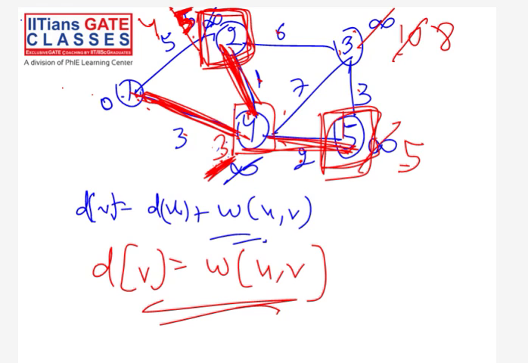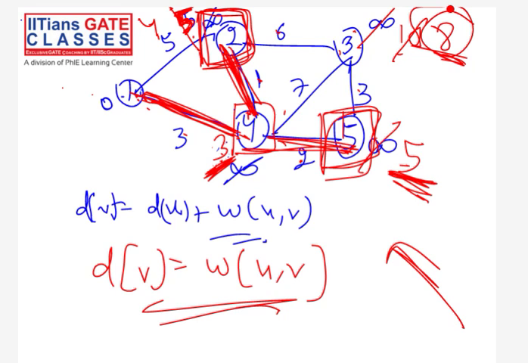So if I can reach 5, I should know the path also, correct? So that path tracking was not available when I solved the problem over here. If I just change the update equation, path information is not available, right? So basically this was 8. How do you reach using cost 8? How do you find that path?